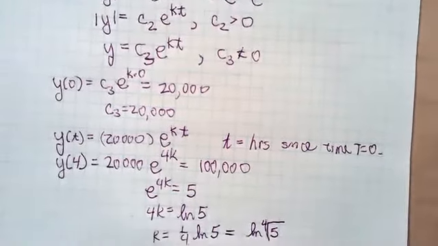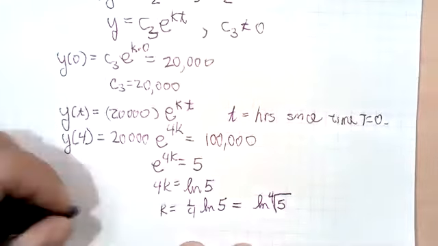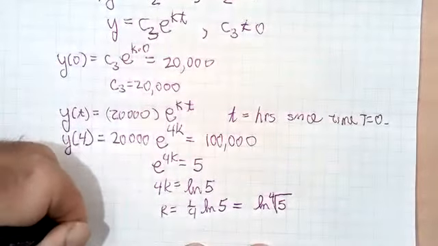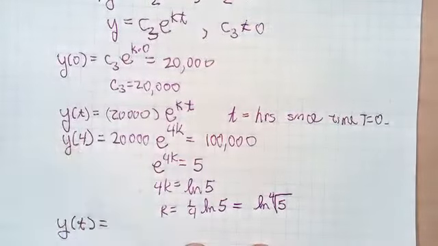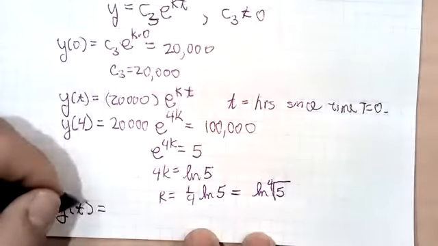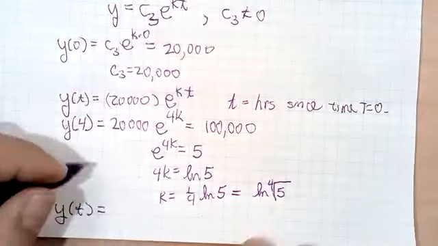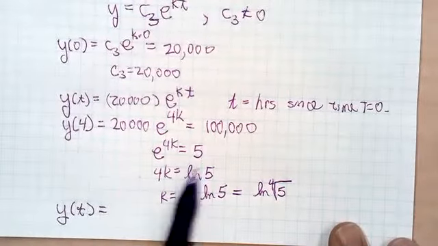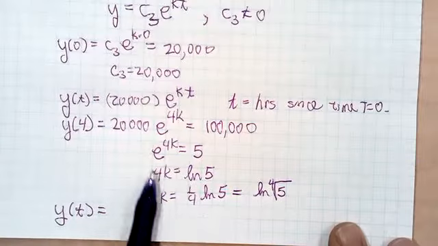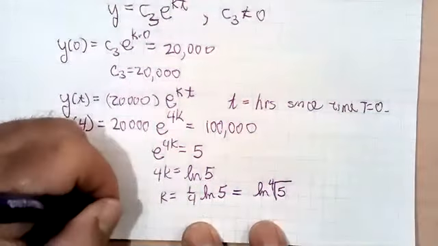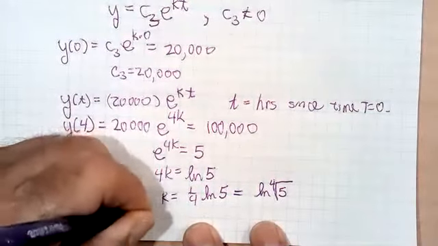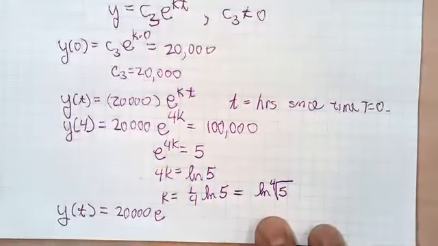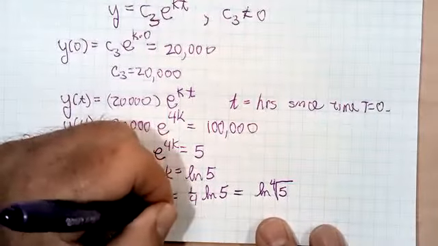Okay, so now we know exactly which curve we're working with. y of t is equal to, let's see, 100,000 divided by 20,000, no, what am I doing? I already computed this. 20,000 e^(kt), but k now we know is log 5 over 4.